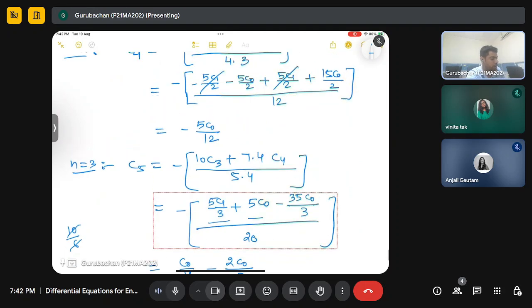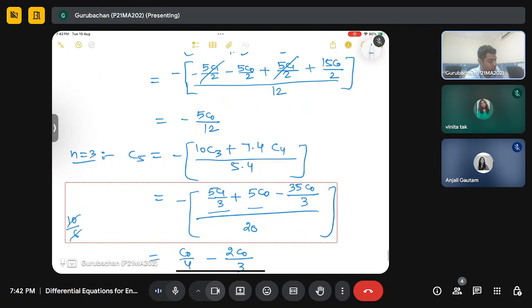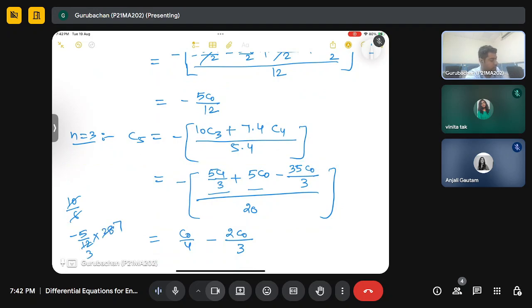Okay. And this one is minus 5 C0 by 12, so minus 5 by 12 into 28. So it will be minus 35 by 3. So up to this calculation it is correct.